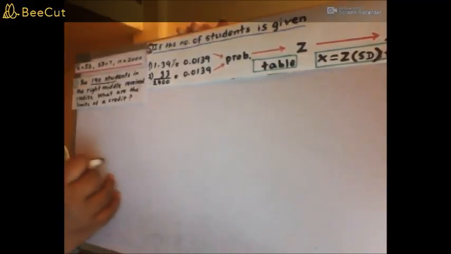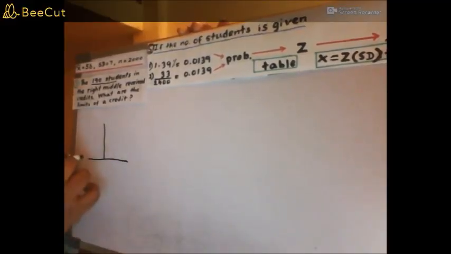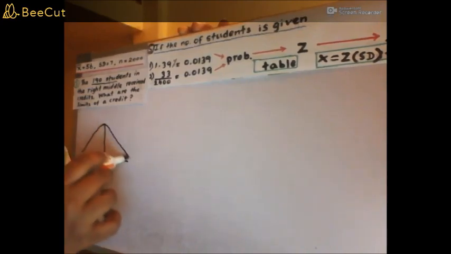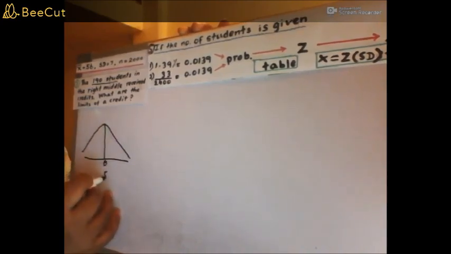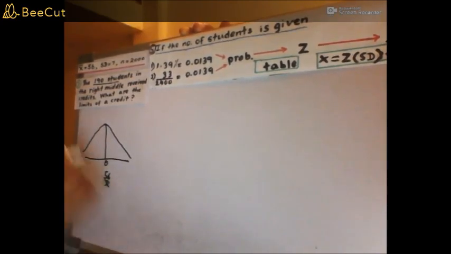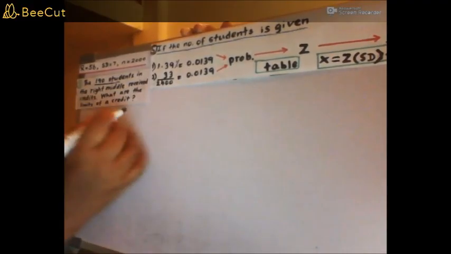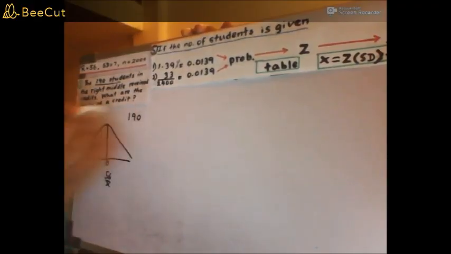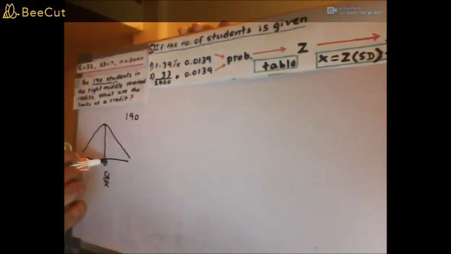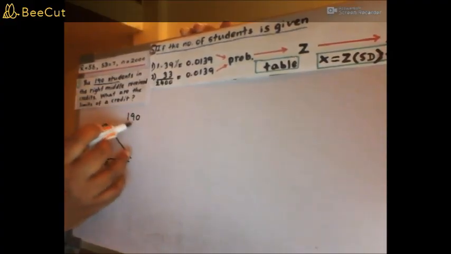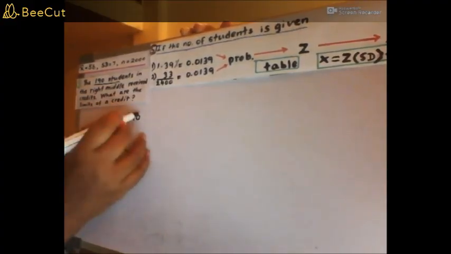So if we draw the curve according to this, what it says, the 190 students in the right middle received credits. So 190, they are in the middle, exactly, right? So what you have to do? You have to divide this 190 by 2.